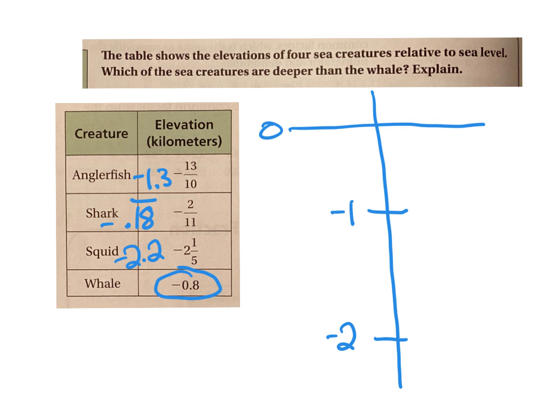So who's deeper than the whale? Well, let's put where the whale is. The whale is negative 0.8, so it's not quite a negative 1. That's my whale.